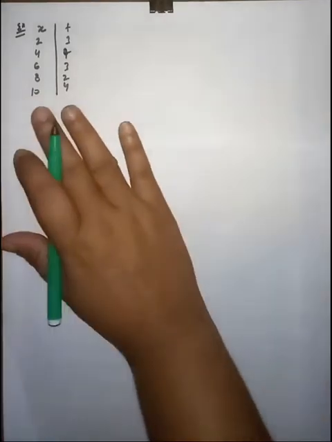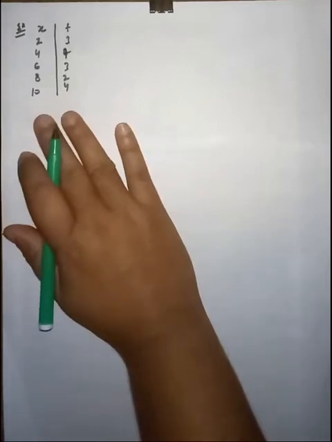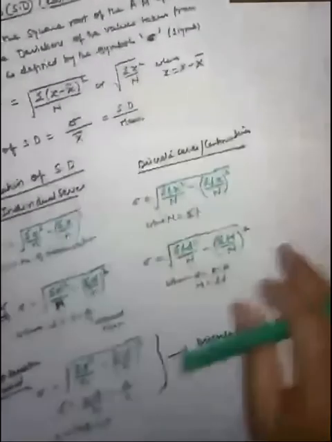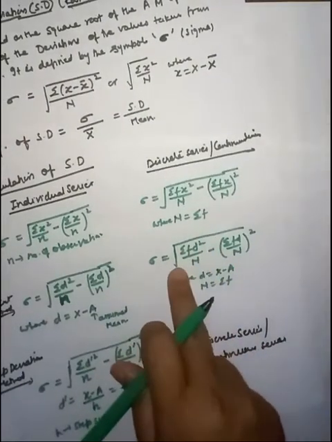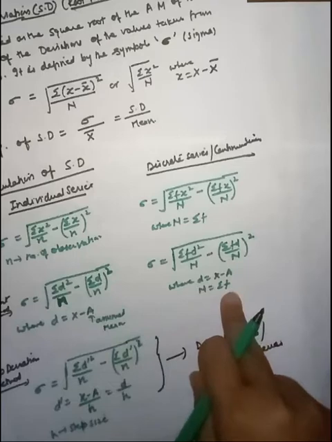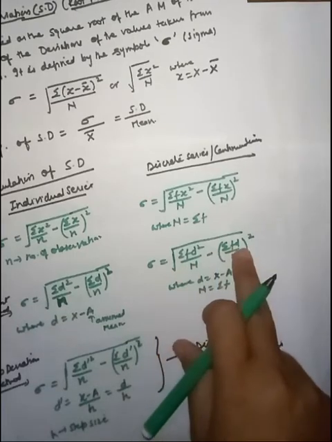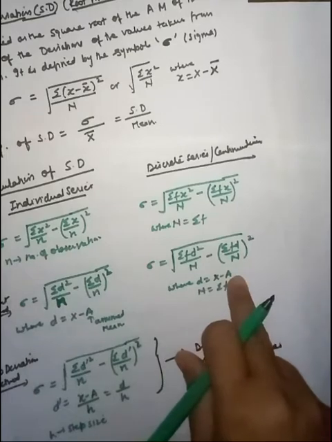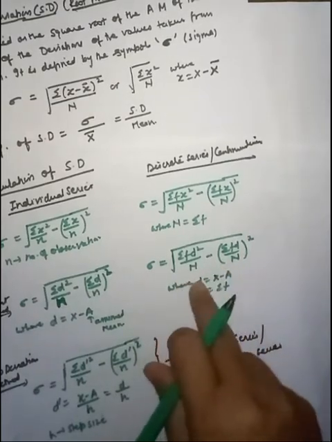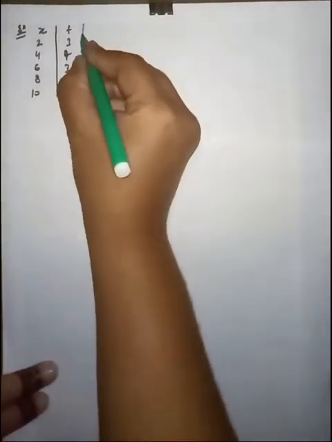Now for finding the standard deviation, as you know, the formula for the discrete series is this one. For this you find N, which is the summation of f, and d, which means x minus a, so first find the value of d, x minus a. Make the table.